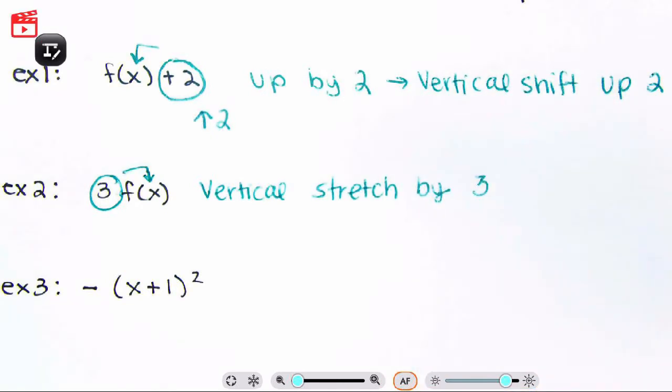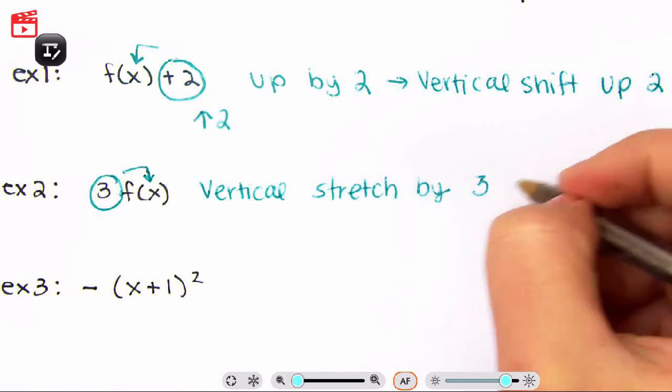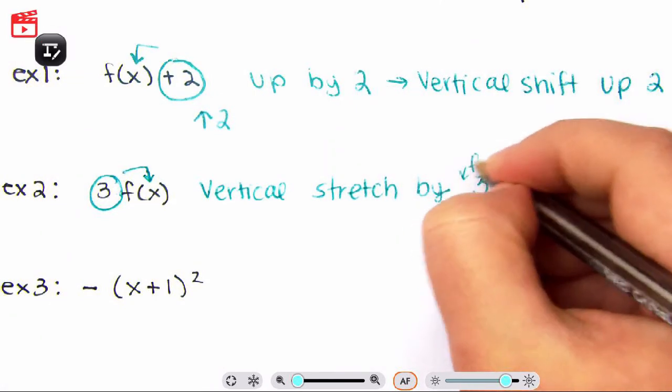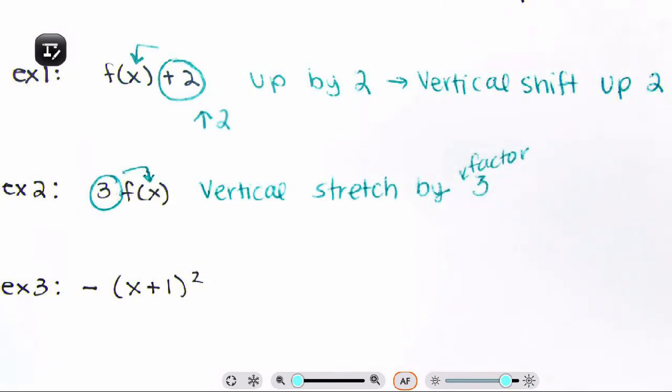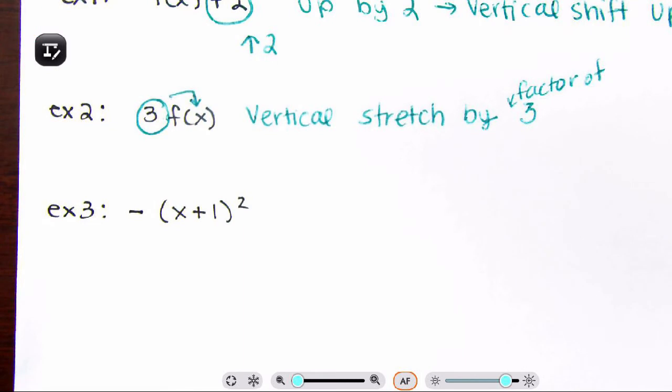Now, this is not, we're shifting up by 3. That's different. There is a vertical stretch. You can say by a factor of 3. Factor means you're going to multiply. So you can say vertical stretch by a factor of 3, or you can say vertical stretch by 3. I'm okay with either.